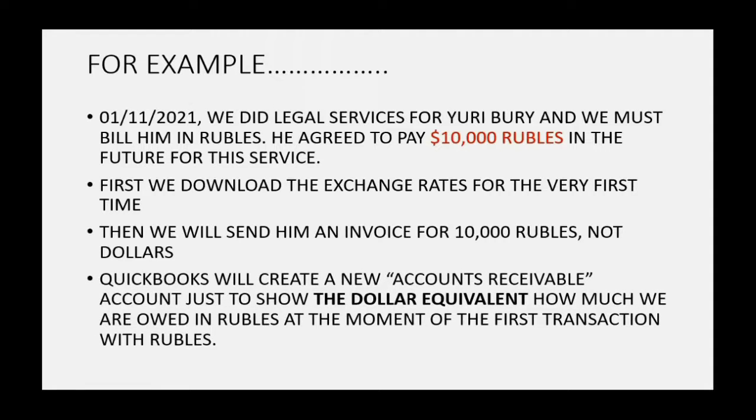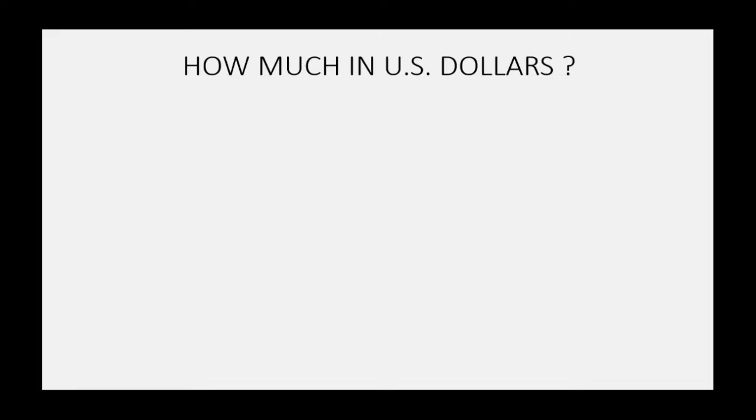QuickBooks will create a new account receivable type of account just to show the dollar equivalent of how much we are owed in rubles at the moment of the first transaction that we have with rubles. So how much will that be in US dollars?